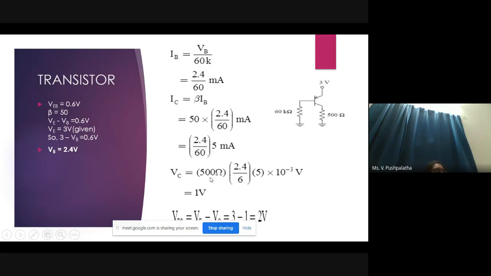Your RC is equal to 500 ohms. This into IC, so your VC equals 1 volt. So what is the question? We need to find out VEC.